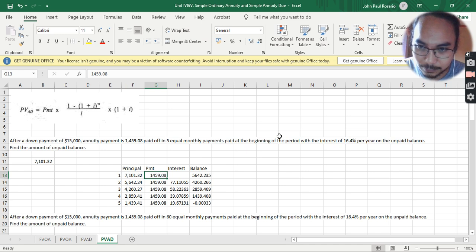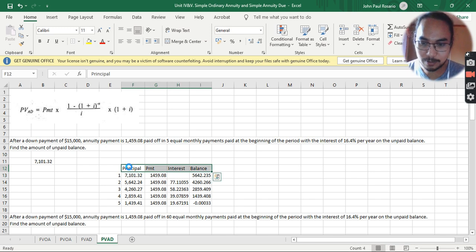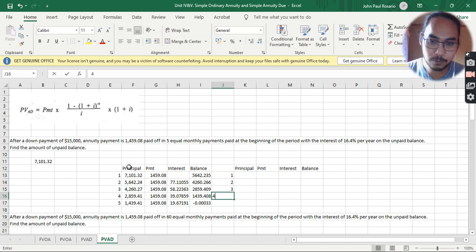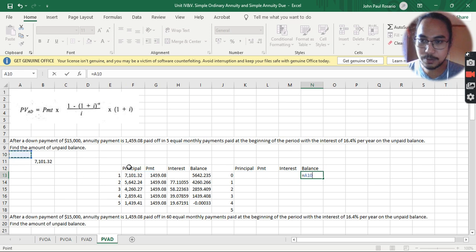I think this is done correctly but it doesn't translate better, so let me just try another table here. Period 1, 2, 3, 4, 5. Okay, so balance. Let me just add something here. So 0. Balance is at 7101.32.